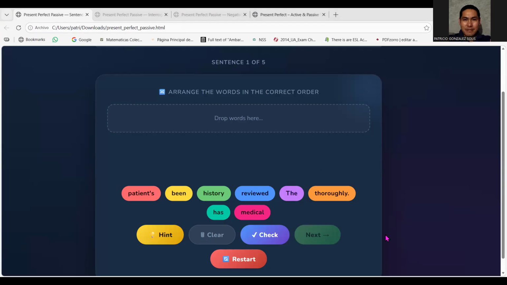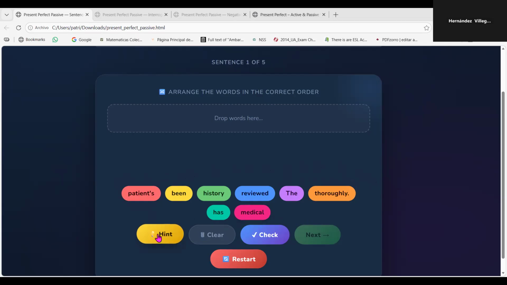My dear Joan Hernandez, are you there? Yes, teacher. My dear Joan, could you help us in this sentence? I mean, organize the words in a positive sentence? Yes. Okay.